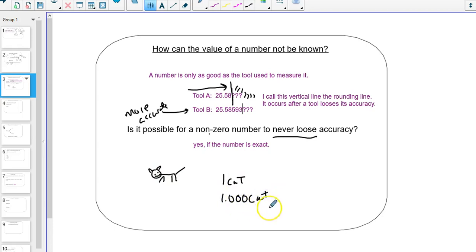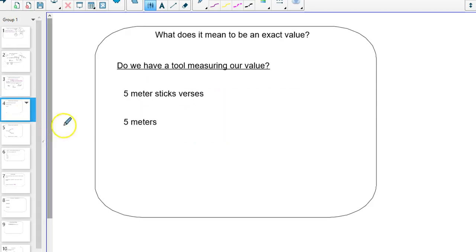Yes, that's exact. This number, 1.0000000, can go on forever and ever, and we call that an infinite number of significant figures. We'll talk more about that as we move along. Can't have half a cat, so it's a whole number item here.